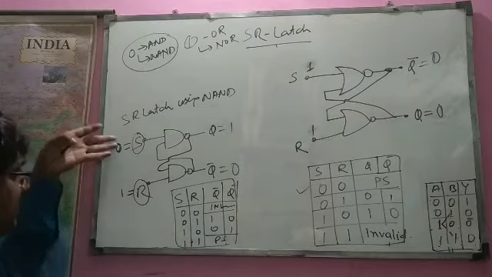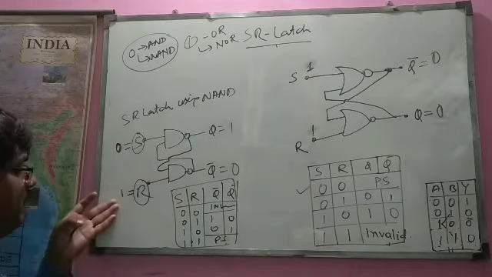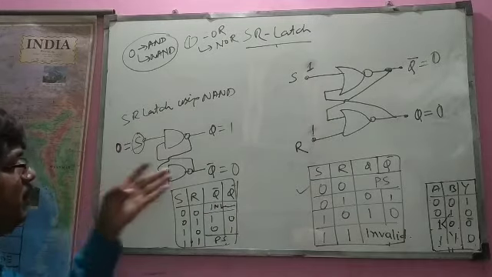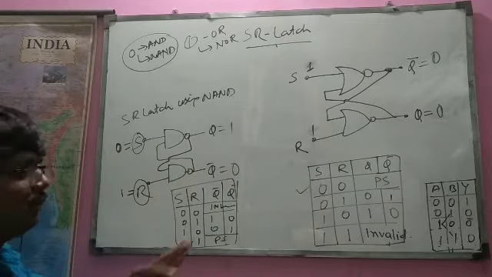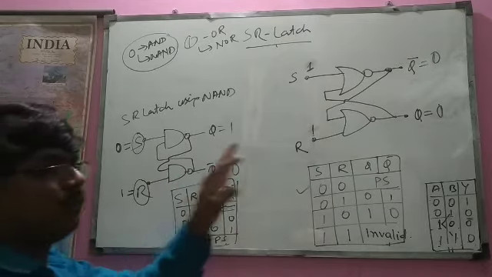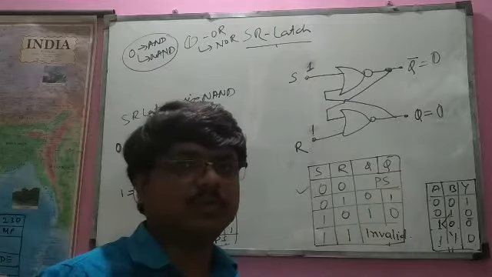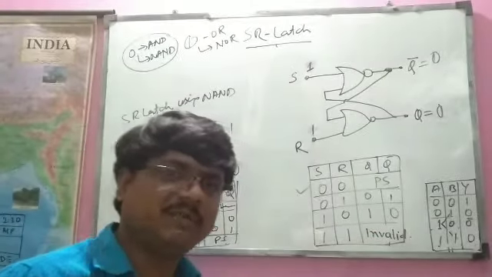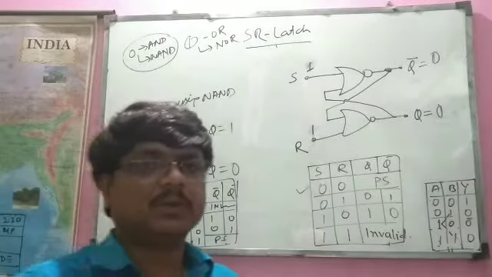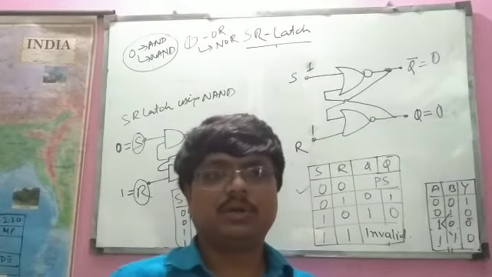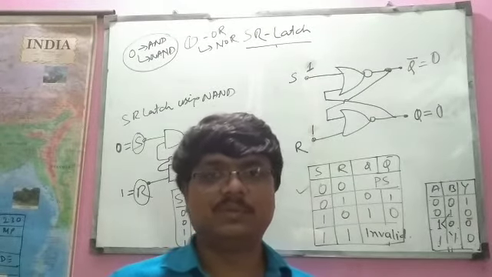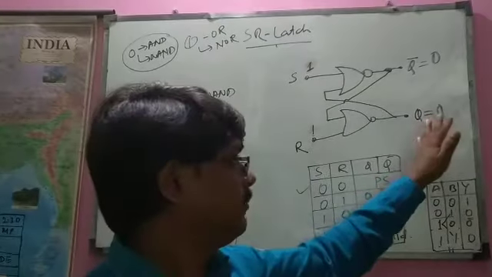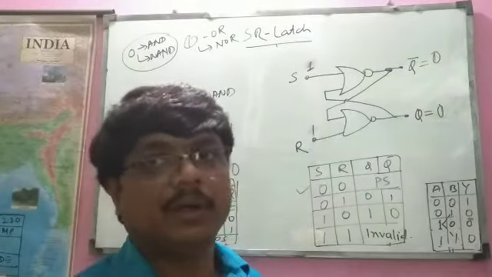If we give the 0, it will try to become 1. If we give the 0 to here, it will also try to become 1. So if both outputs try to become 1, it is invalid, and if both outputs are trying to become 0, this is again an invalid state.